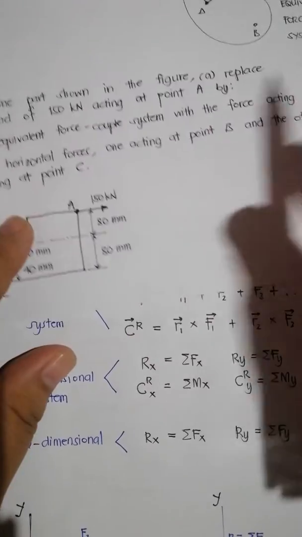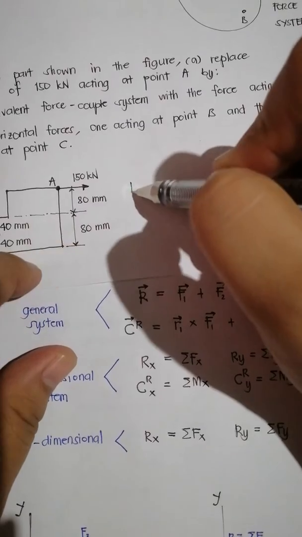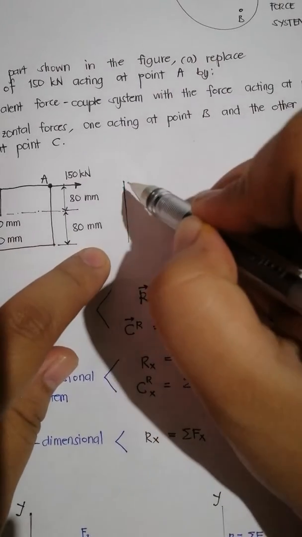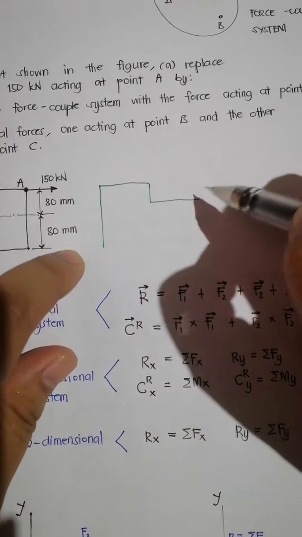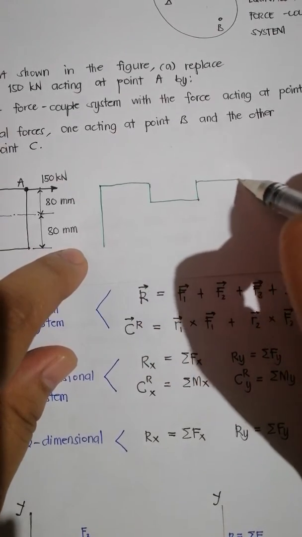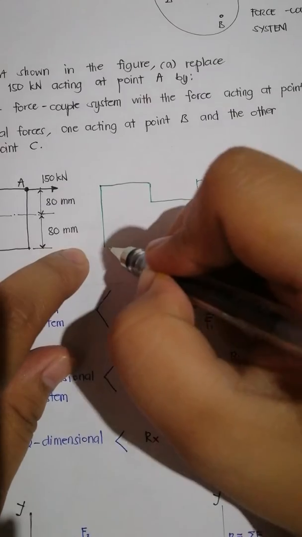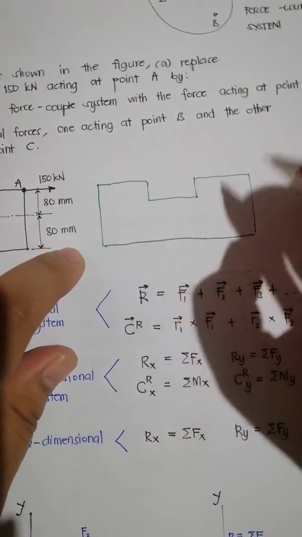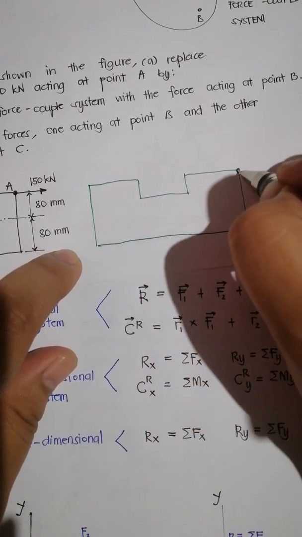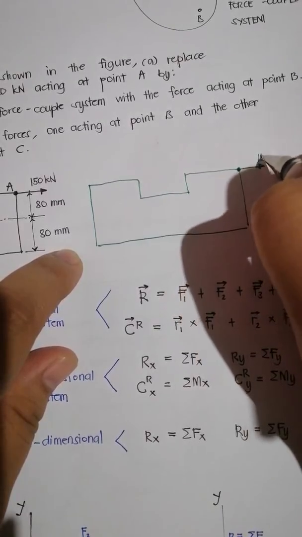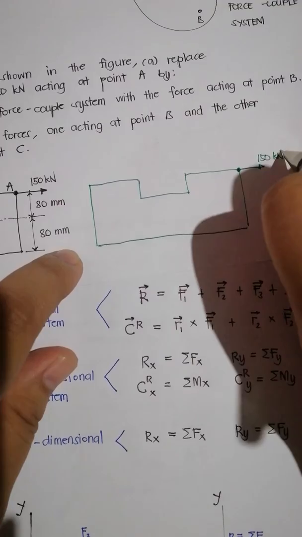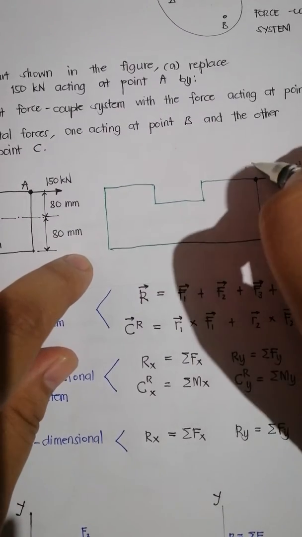Okay, so again, if we're going to transfer the line of action of a force, this is what will happen. All right, so this is our point A, and this is the original point of action of the 150 kilonewton load, whose direction is horizontal.